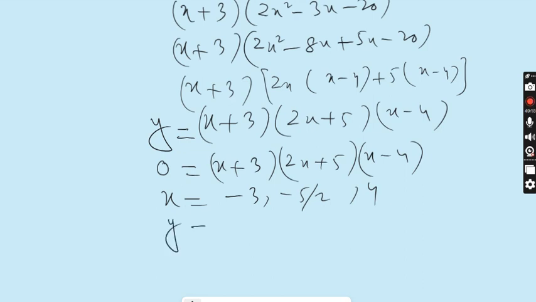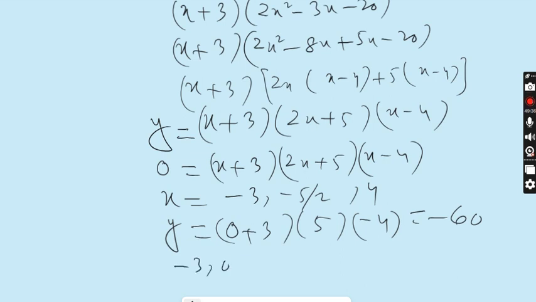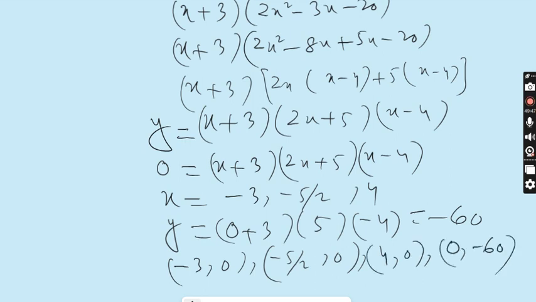Find the y-intercept, put x equals 0, 0 plus 3. 2 times 0 plus 5 is 5, and 0 minus 4 is minus 4. 5 times 3 is 15, times minus 4 is minus 60. Therefore, the axis intercepts are x minus 3, y 0; x minus 5.2, y 0; x 4, y 0; x 0, y minus 60.